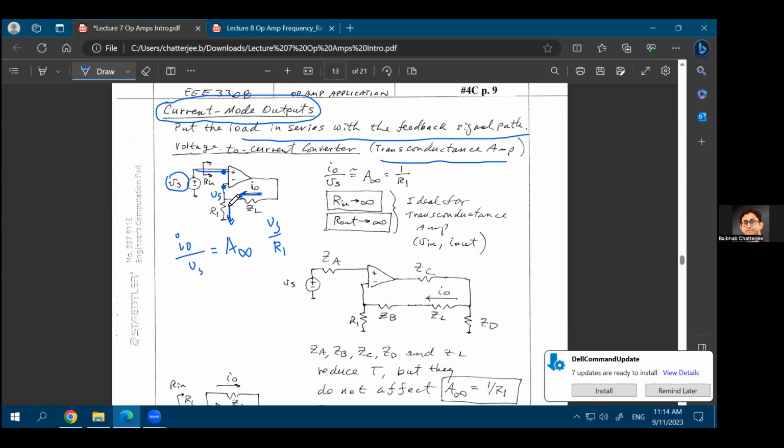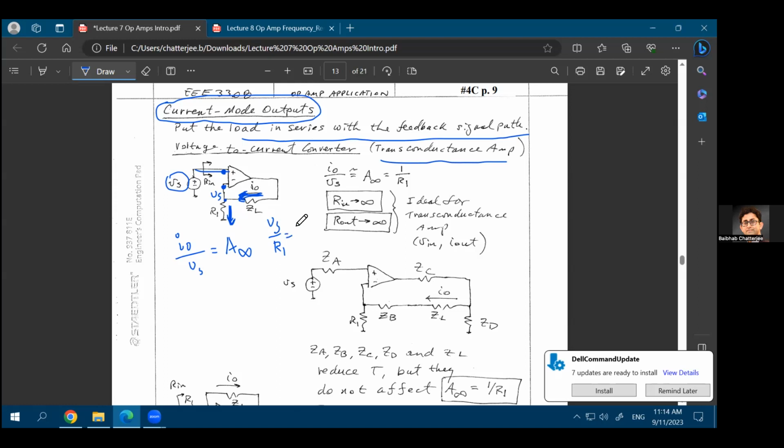Where is this current coming from? The current is exactly same as this I naught current, because as this I naught current is coming in, it will get divided into 2 parts at this point. One part will go to ground, and the other part will try to go into the op amp. But because the op amp has an infinite input impedance, there will be no current going into the op amp. So the entire I naught current is flowing through R1. And we already know what is the current flowing through R1, that is Vs over R1.